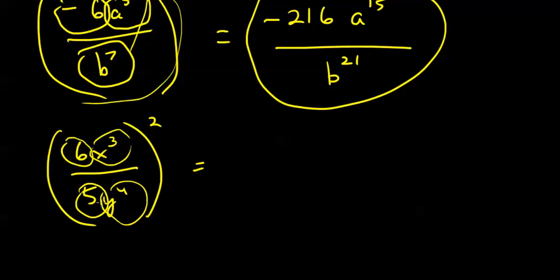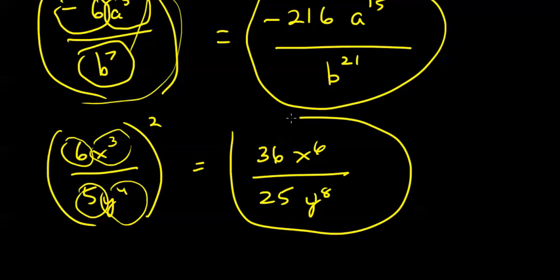And I'm just going to raise each one to the 2nd power independently, and of course multiply or divide as needed. 6 squared is 36 in the numerator. X cubed squared is x to the 6th in the numerator. Downstairs, 5 squared is 25 in the denominator, and downstairs y to the 4th squared is y to the 8th power. Alright, so nice and easy. We get a final return there, and really by observation. Alright, let me talk about rule 5 now.